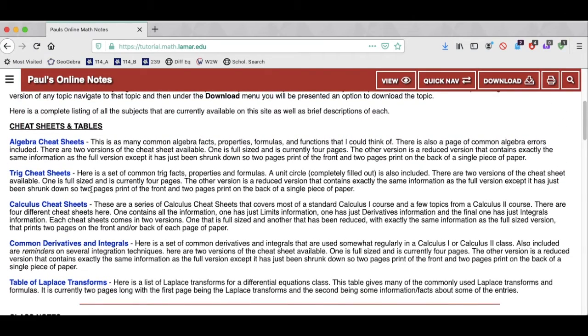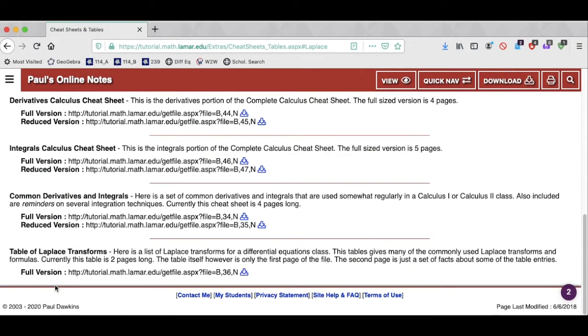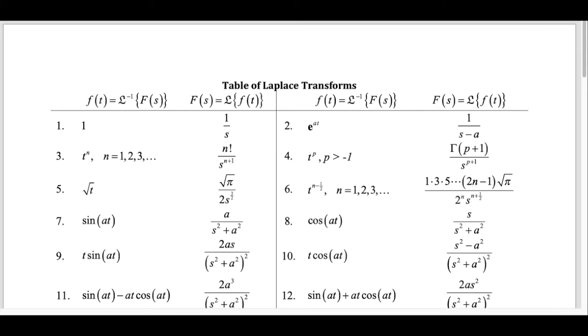At the top of this page, he has what he labels cheat sheets and tables. And the last option there is a table of Laplace transforms. And if I download that table, we have a pretty extensive catalog of functions of t. Here he's labeled them as f of t or the inverse.